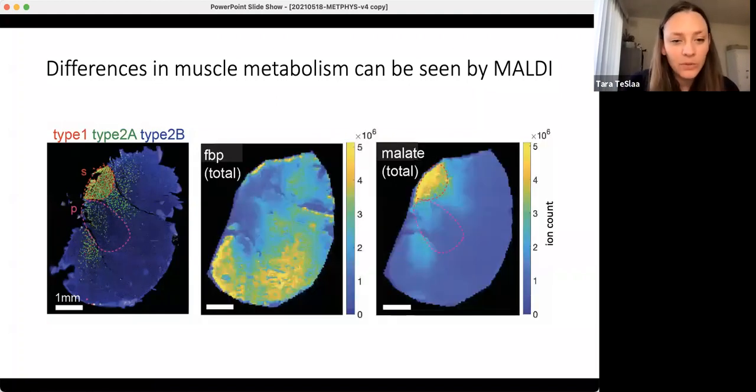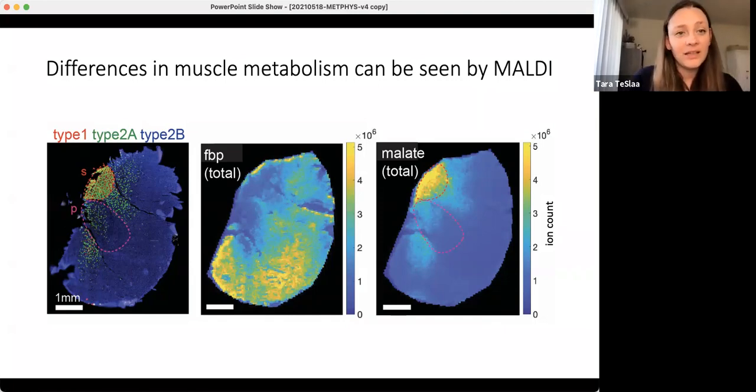So when we look at metabolite abundances across these muscles, what we can see is when we look at a glycolytic intermediate, fructose bisphosphate, that this glycolytic intermediate is very abundant in the whiter regions of the muscle, or where there's a lot of type 2B fibers.